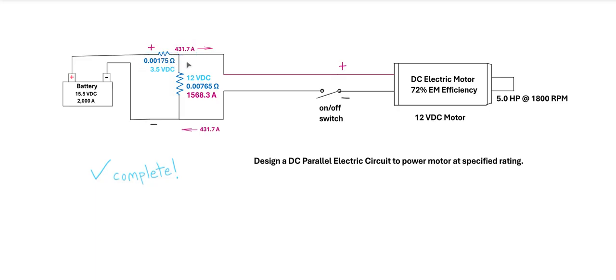The 12 volts then flows to parallel and divides itself into this 0.00765 ohms resistance, which then drops 1568.3 amps of current back to source, leaving 431.7 amps to go through the motor. Of course, we have 12 volts transferring also to the motor, then flowing to ground, completing the circuit.